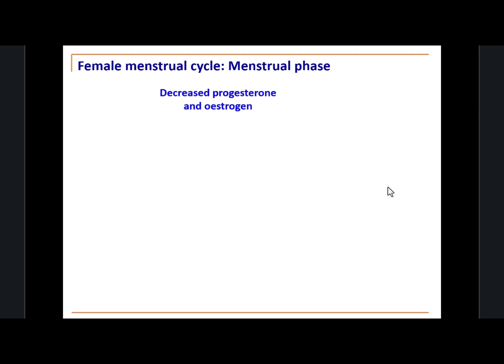Okay, so this is where you're getting menstruation, obviously. So this is where your progesterone and estrogen levels have dropped. And so the dropping of those levels causes an increase in the release of uterine prostaglandins. Now, prostaglandins are molecules that do lots and lots of different things, and we've covered them elsewhere already. But these prostaglandins cause endometrial blood vessel vasoconstriction.